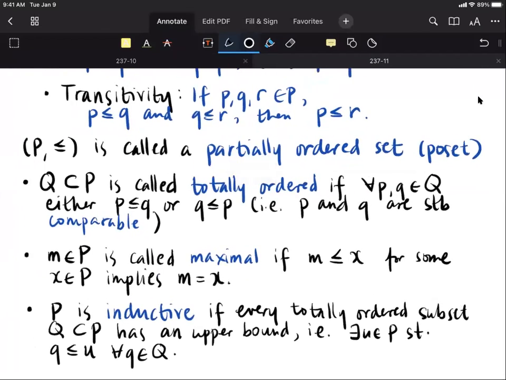So again, a subset of a partially ordered set is totally ordered if every pair of elements in that subset are comparable. An element M of the partially ordered set is maximal if M is related to X for some X in P, then this would imply that M must be the same as X. And finally, a partially ordered set is inductive if every totally ordered subset of your poset has an upper bound.